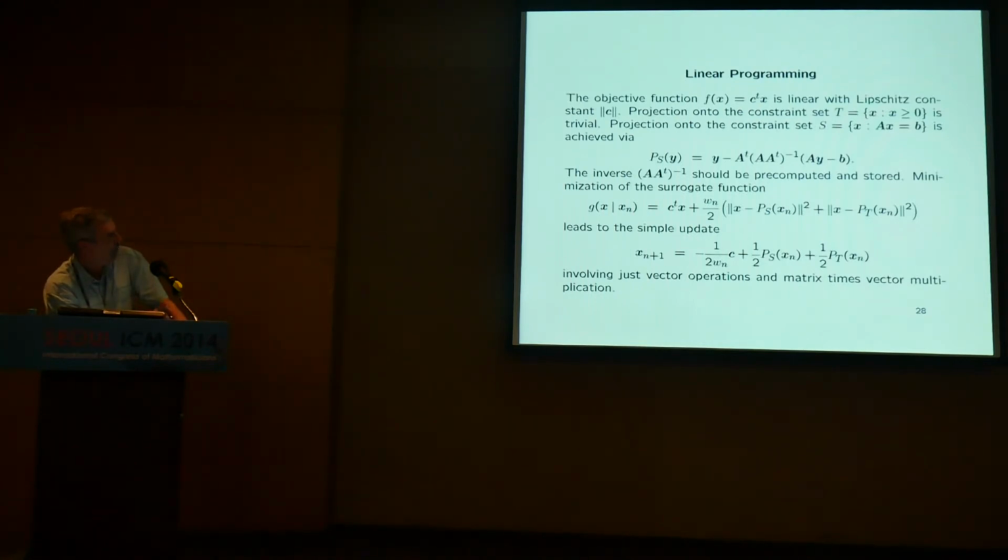And when you minimize it, you get this update. It involves two projections, an average of two projections, and then a perturbation by the function defining the linear programming problem. And at this stage, there's just vector operations and matrix times vector multiplications. So very straightforward.